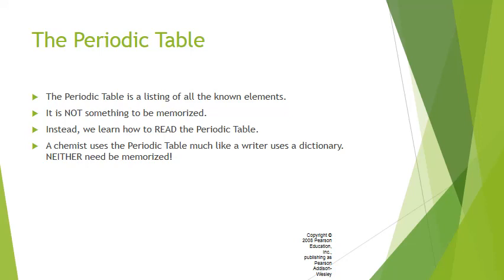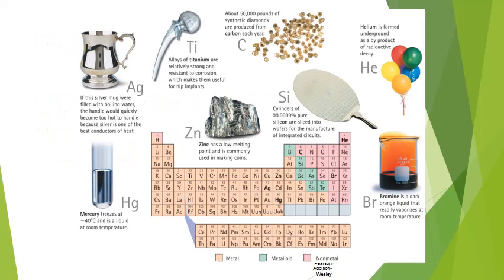Same thing with what a chemist does in using the periodic table. You don't need to memorize absolutely every factoid. We'll have periodic tables at our disposal, either in the book or an online version of the periodic table that we'll be using for a lot of our activities. Don't need to memorize it. You do need to know how to read it.